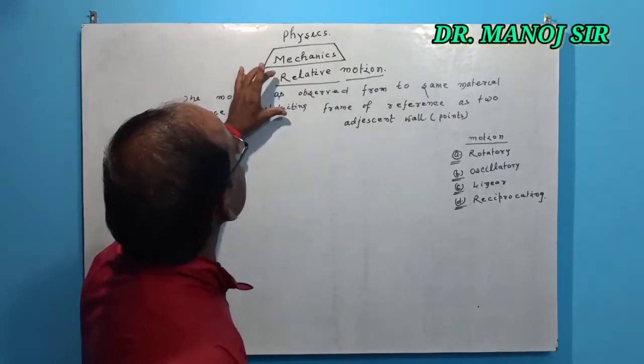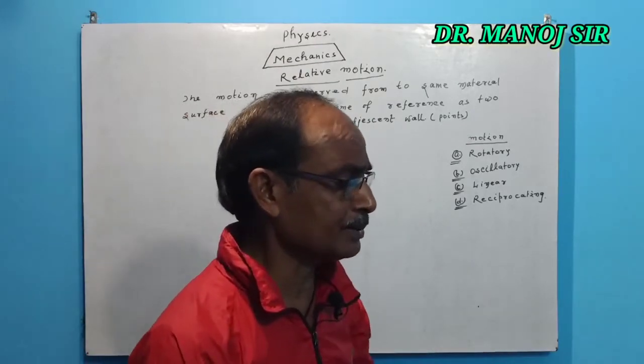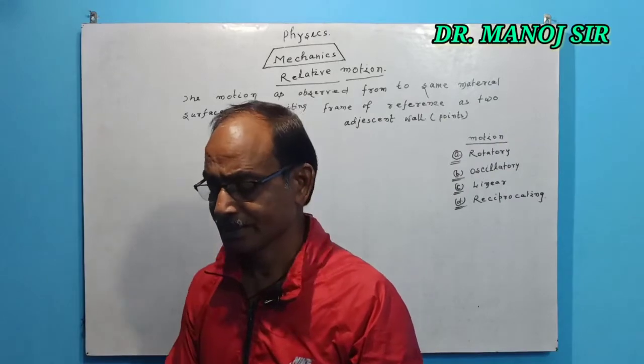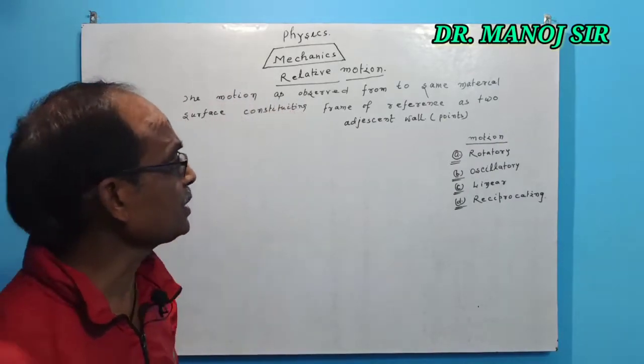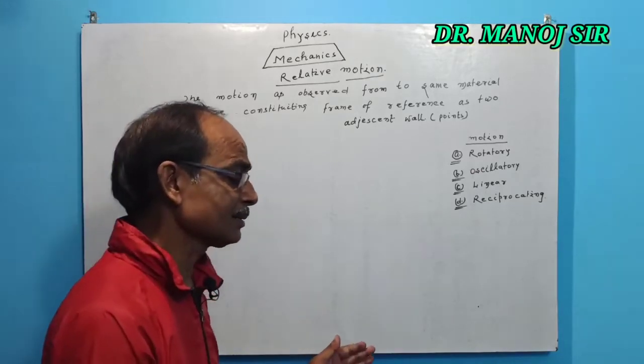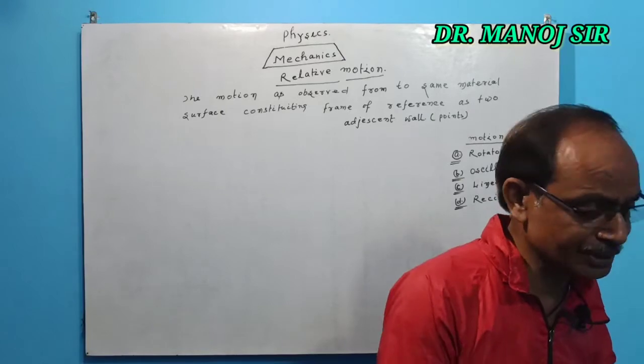Relative motion is a comparative motion from one distinct point to another: the velocity or motion of a material as seen from two different points.